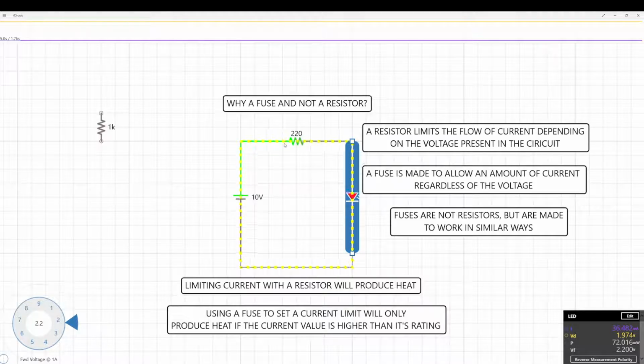So replacing a fuse with a resistor is not the best solution, because a resistor will limit the current dependent on the voltage present.